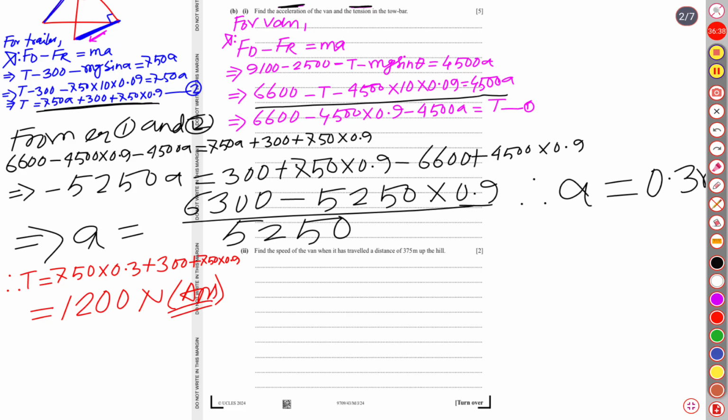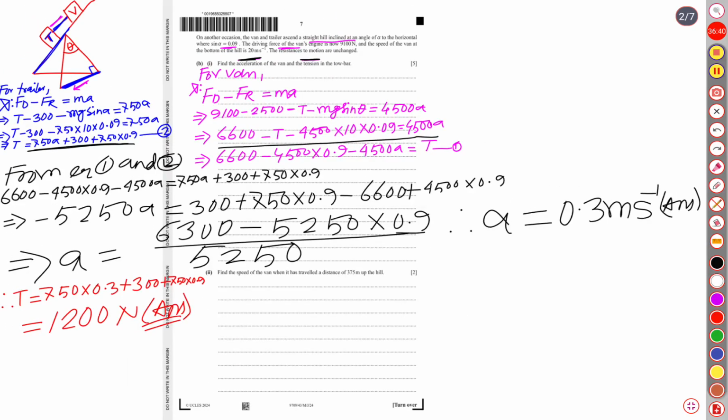So these are the two answers. One answer was acceleration, which was 0.3 meter per second squared, and the tension force acting in the tow bar is 1200 Newton. So that's the solution to the first part of this question.